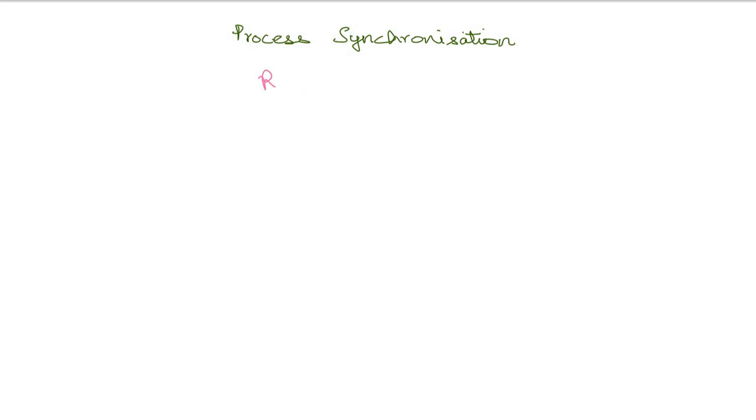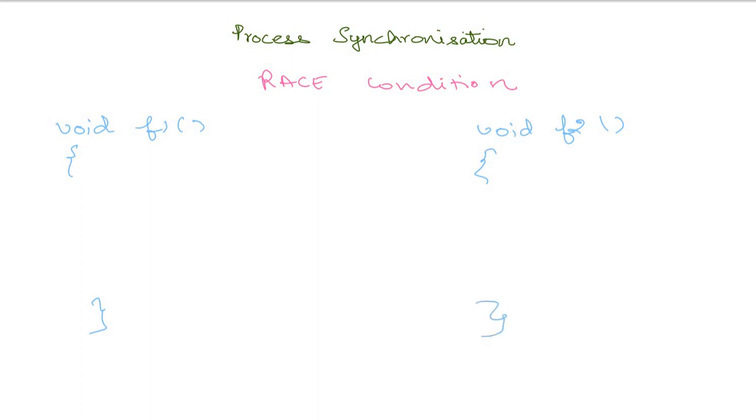Let's understand race condition with the help of an example. Let's say we have a function f1 and a function f2, and let's say x is a global variable.